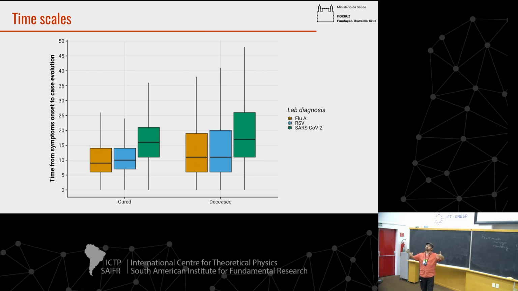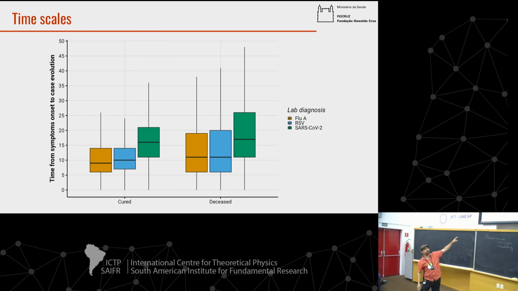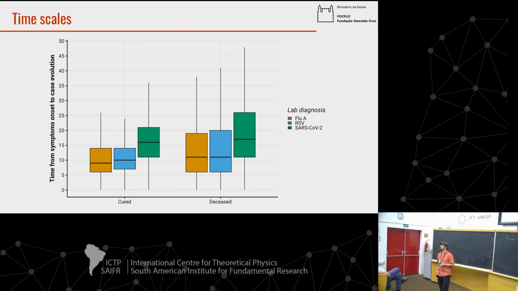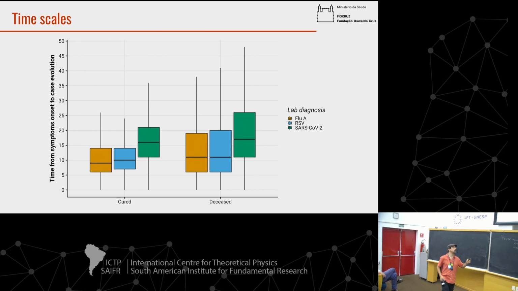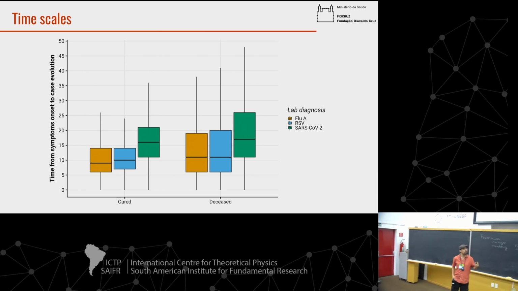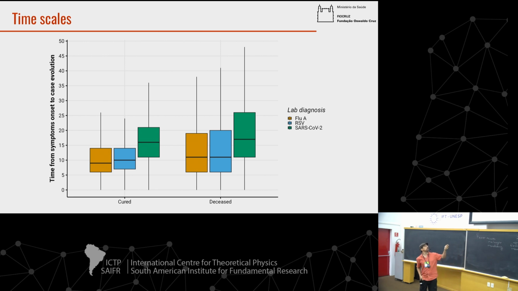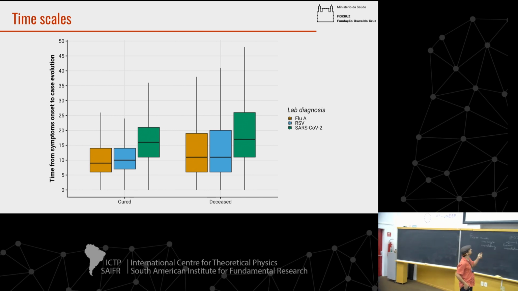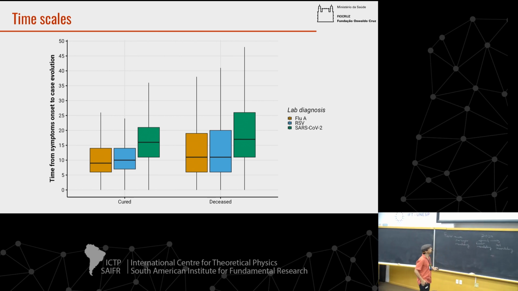So I have to restrict my analysis to a given time point where this effect is already minimized, or use statistical methods that take this process into account to actually be able to evaluate the lethality. By lethality, I mean the probability of dying given that the individual presented as a SARI case. Okay?